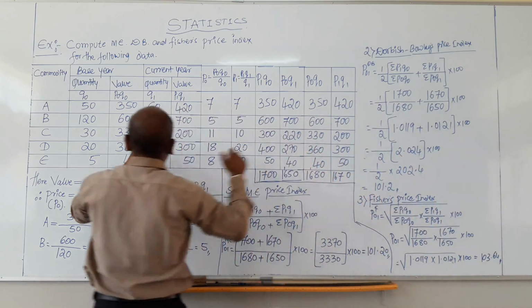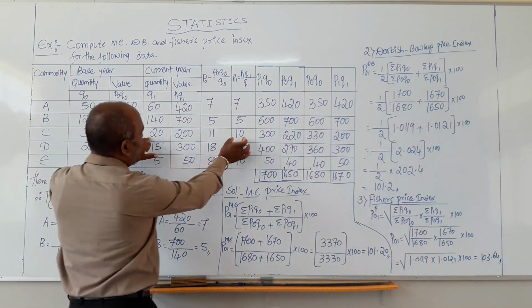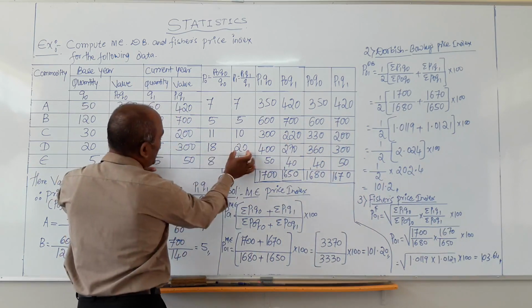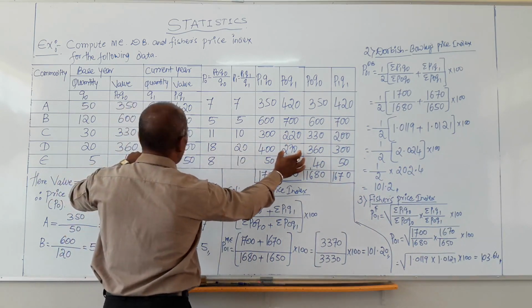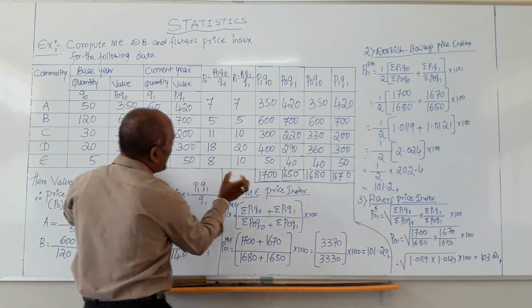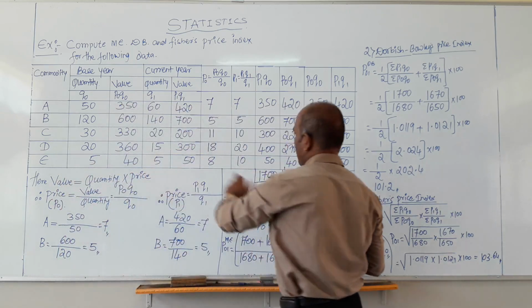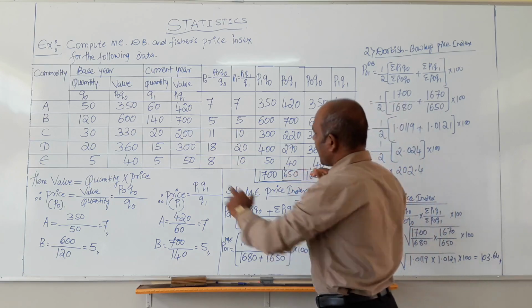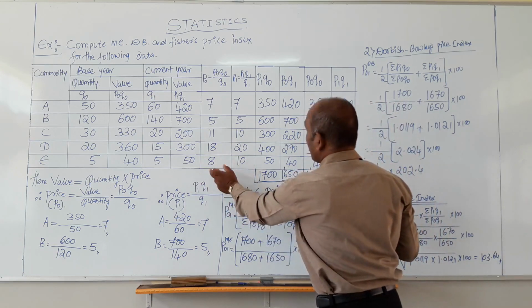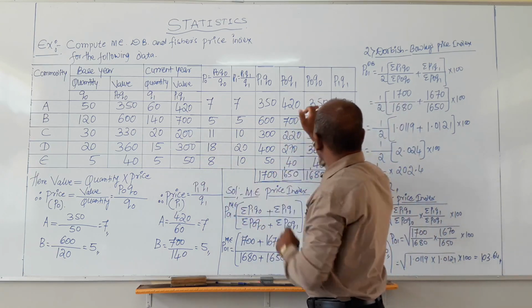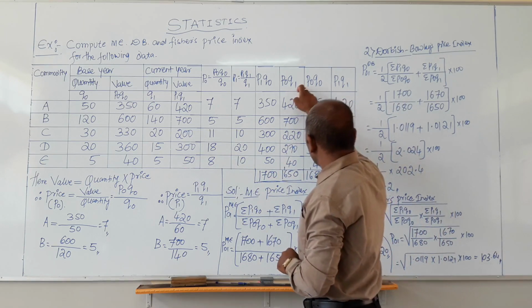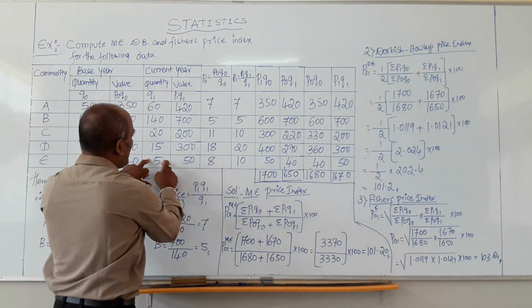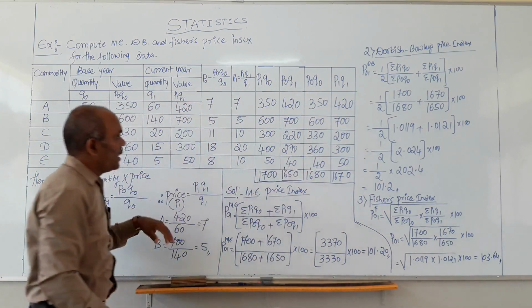Next 20 into 10, 220. 15 into 20, 270, 5 into 8, 5 into, I think, P0 Q1, 8 into 5, 40.